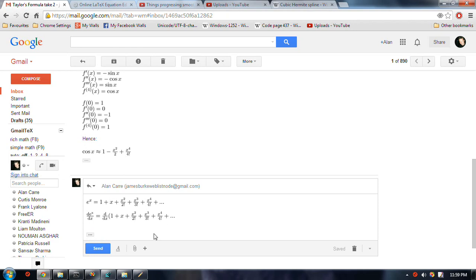You can guess the answer. It's supposed to give itself back again, right? Derivative of 1 gives you 0, plus the derivative of x with respect to x gives you 1, and then x squared over 2 factorial gives you 2x.